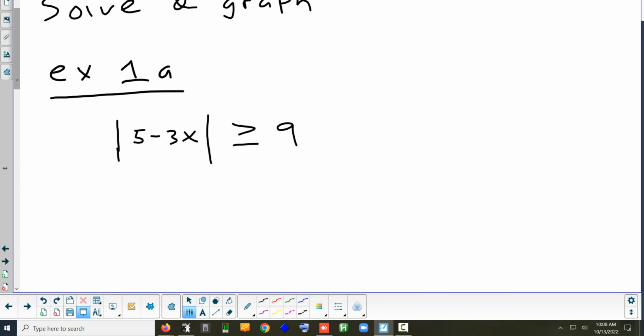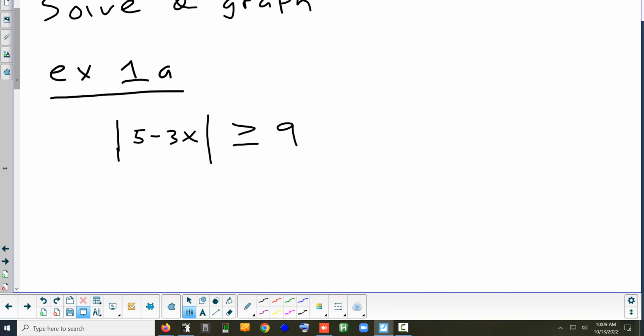That might be something you would have to do to get this, but what's the goal in step 1? You might have to add or subtract to do this. You might have to multiply or divide, but just make sure what. Yep. Get your absolute value bars by themselves. Just make sure the absolute value bars are alone on one side, and that there's nothing else outside of them.